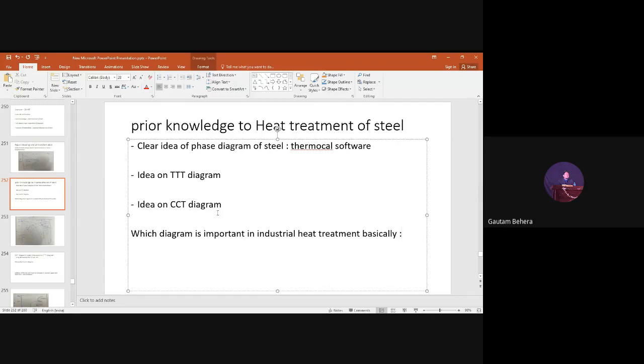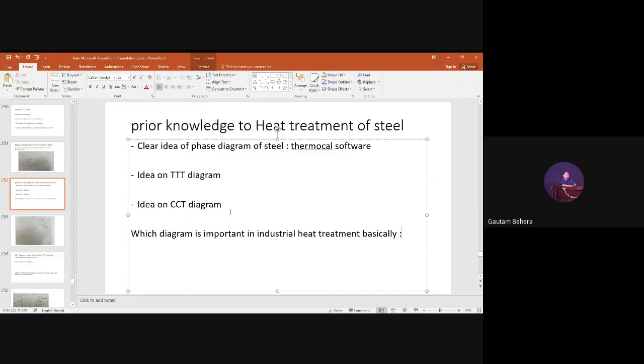Now we'll come to our main topic, that is this CCT diagram. CCT is nothing but the continuous cooling transformation diagram. The name itself says that this kind of diagram will show the different transformation products when we cool the steel continuously, right?